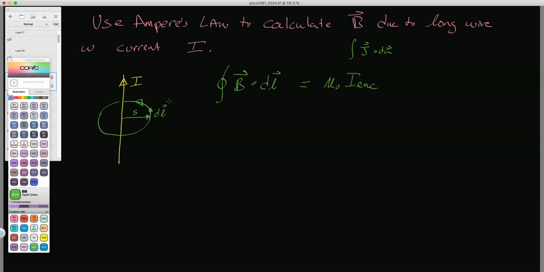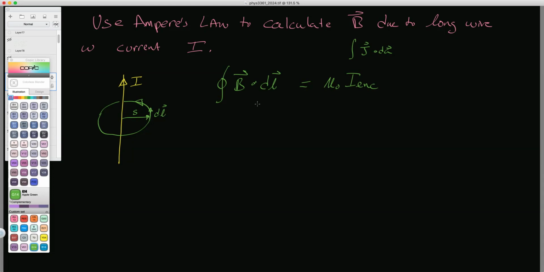And we've said before that B and dl are going to have the same direction. dl is in the phi hat direction, so is B. You have to reason these things with just your head. This isn't something you're getting from Ampere's law. You have to know what direction B is, otherwise we really can't use it. Similar to Gauss's law, if you don't know what direction E is, you can't really use Gauss's law to get the field.